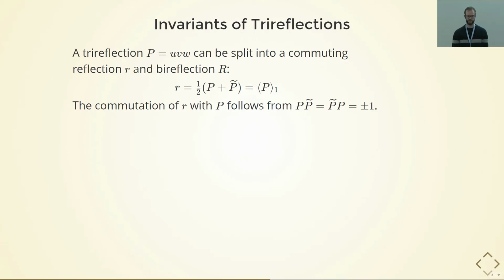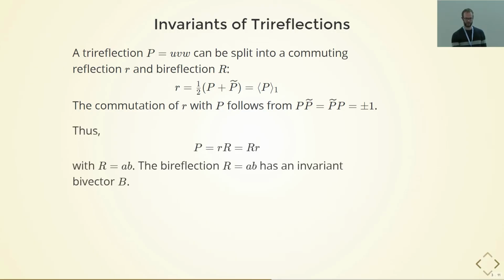And for trireflections, we can again play the same game. We can also split them into a commuting reflection and a bireflection. So the reflection is given actually by the vector part of the trireflection. And you can show quite straightforwardly that that commutes with the original trireflection P. And so our trireflection P can always be written as a reflection, small r, times a bireflection, capital R. And the bireflection now is a product AB, right, of two reflections itself.